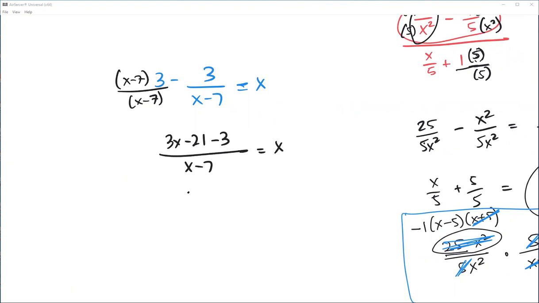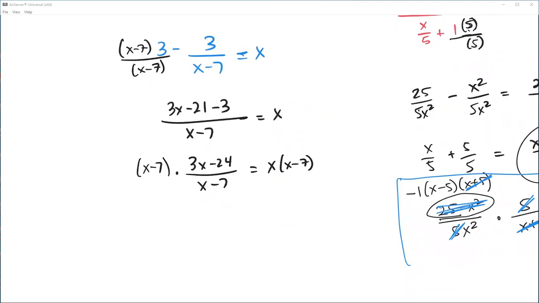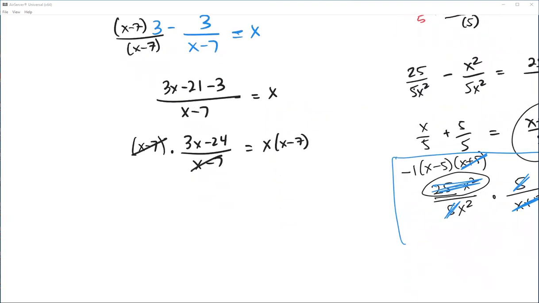So this is 3x minus 24 over x minus 7 is equal to x. Multiply both sides by x minus 7. Cross this out. 3x minus 24 is equal to x squared minus 7x.